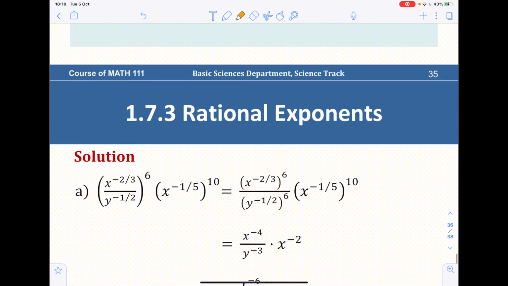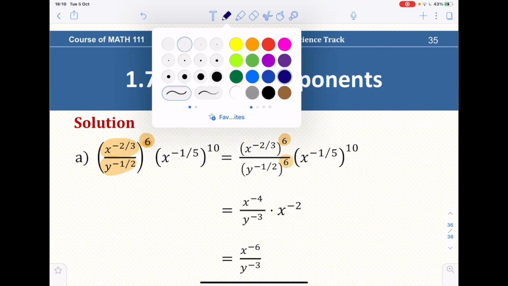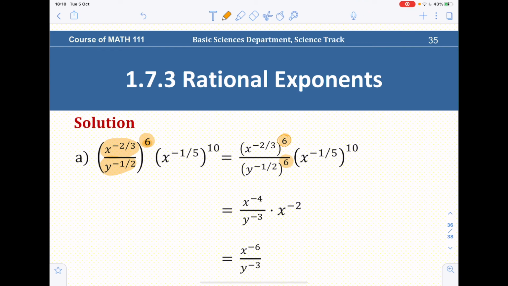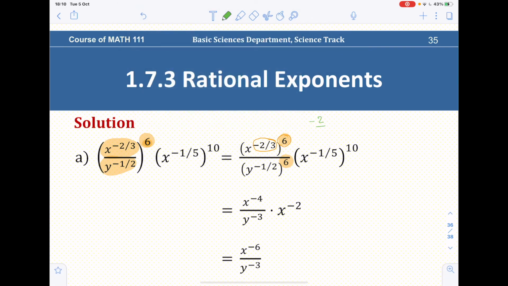Okay, for the first one, we have these values to the power 6. So the first step, we can just distribute 6 to the numerator and the denominator. The second step, we have a power raised to another power, so we can multiply the powers together. So negative 2 over 3 times 6.